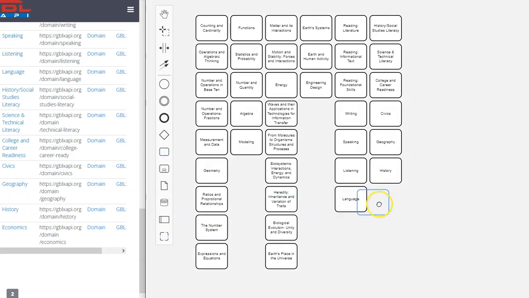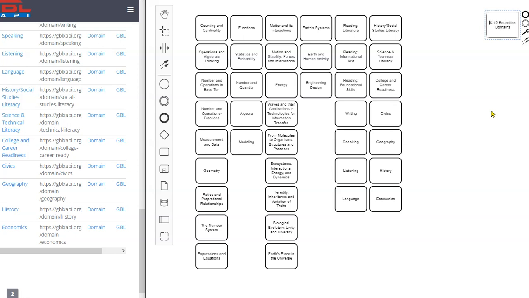And then economics. So that's it, guys. That's the high level domains of K through 12 education. K through 12 education domains.